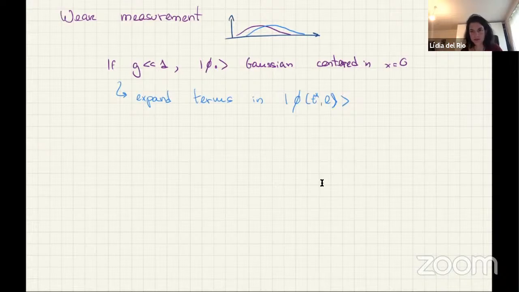So I will not go into detail here, but when I write down the lecture notes, I will put it all down.